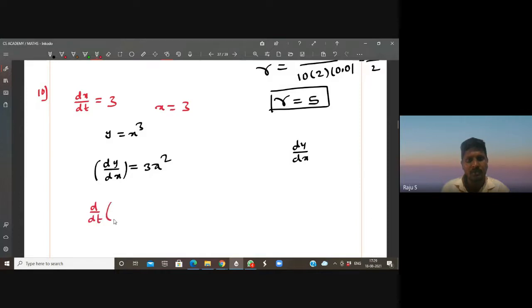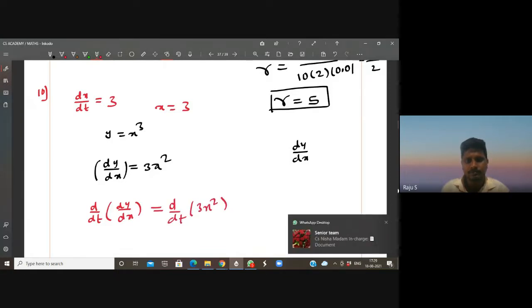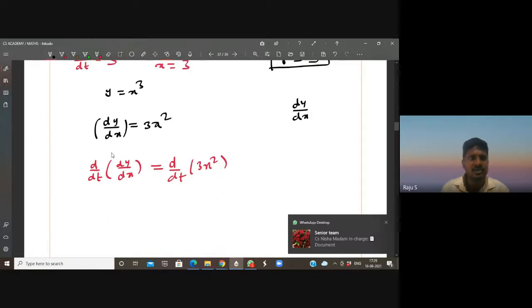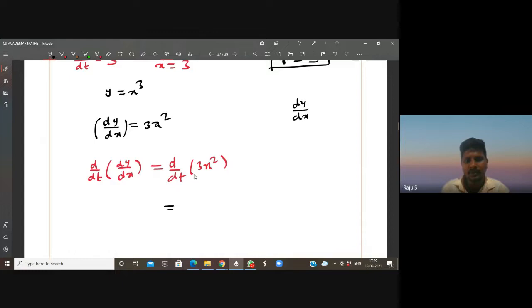d by dt of dy by dx is equal to d by dt of 3x square. Can you differentiate here? With respect to t, x square is there. How can you differentiate with respect to t? Is it possible? So 3 is a constant, I'm taking it outside. So I want to write this as d by dx of x square into dx by dt.